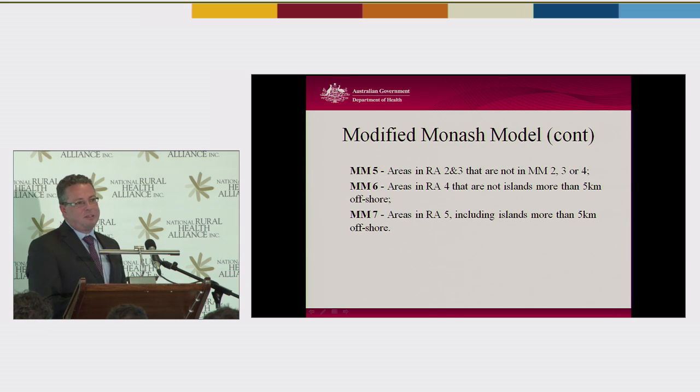It's a 50-kilometre trip. If you hop on and go on your shopping list, you're in a hell of a lot of trouble. But because of that, ferry is considered RA4. So listening to the stakeholders, we considered it to be MM7 and equivalent to RA5.